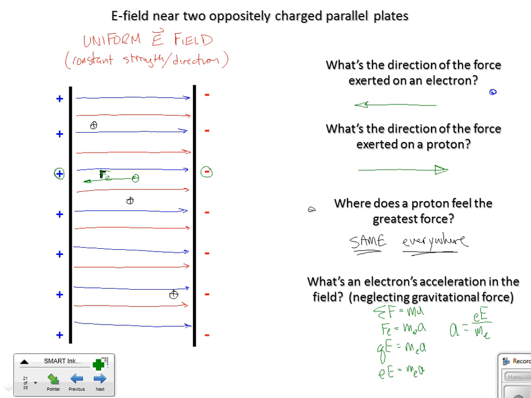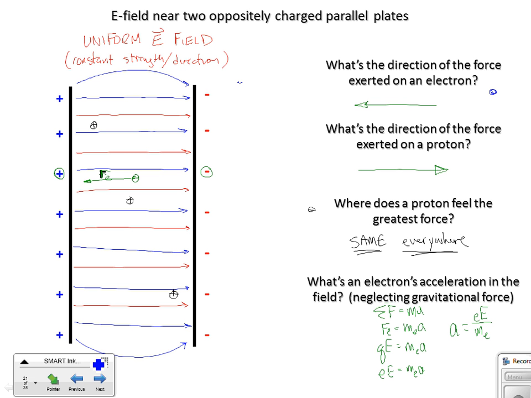Fair enough. Now, towards the end of these plates, you'll remember maybe looking at the applet, we did get what we call fringing at the end. So towards the end, it's not the same as in the middle, but we concentrate when we talk about charged parallel plates. We talk about the field between them, the uniform part. All right, here's the other part. Out here, don't draw this.